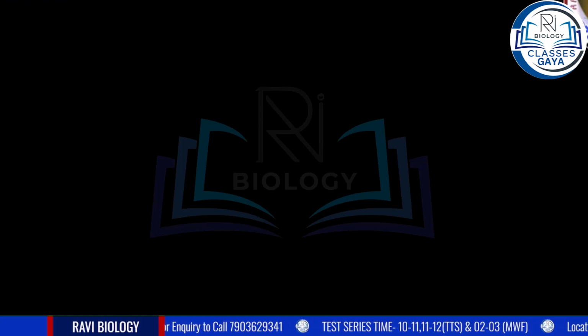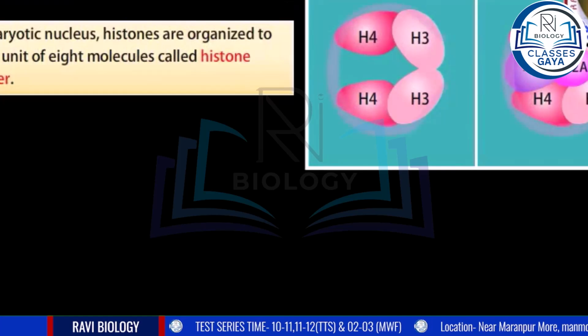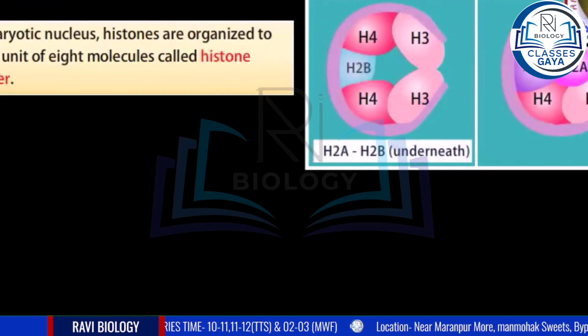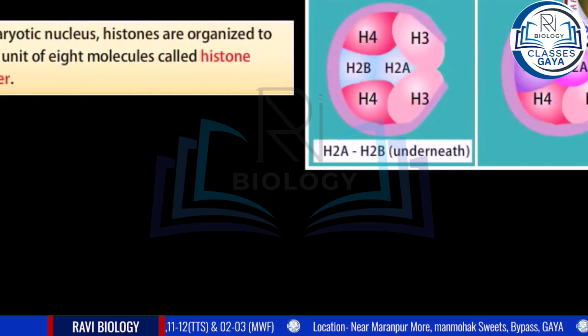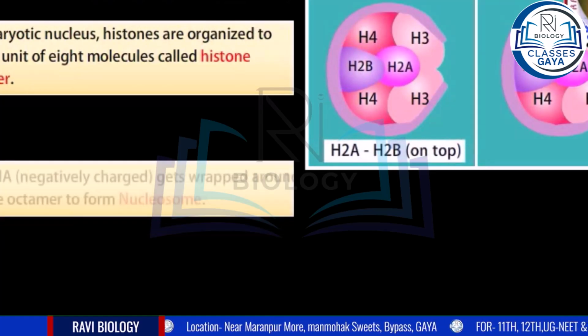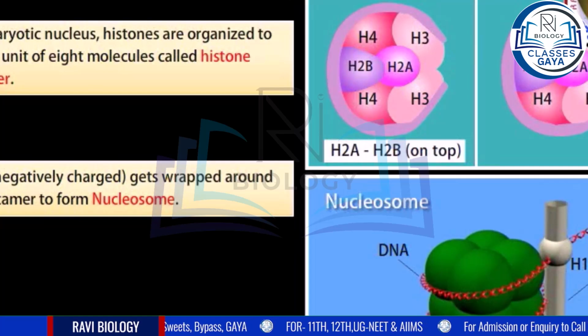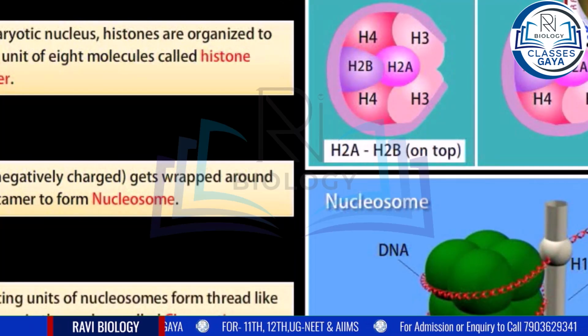Packaging of DNA helix in eukaryotes. In eukaryotic nucleus, histones are organized to form a unit of 8 molecules called histone octamer. Negatively charged DNA gets wrapped around the octamer to form nucleosome. Repeating units of nucleosomes form thread-like structures in the nucleus called chromatin.